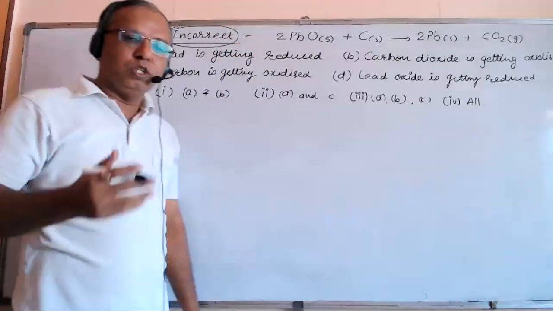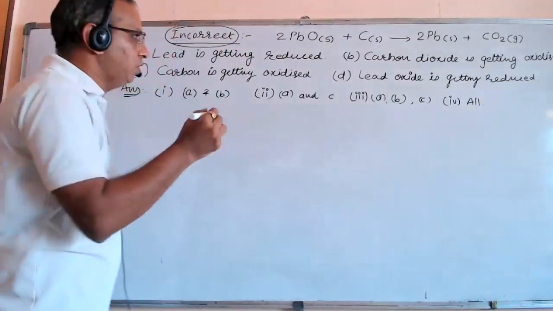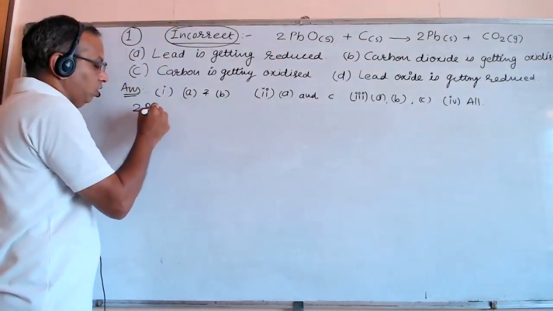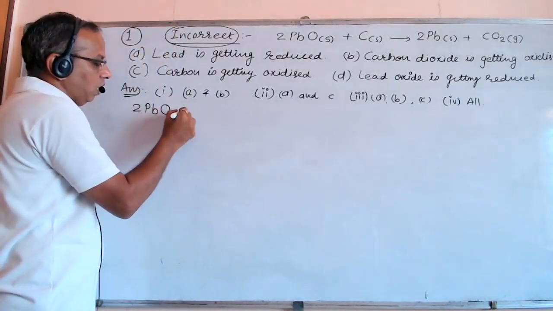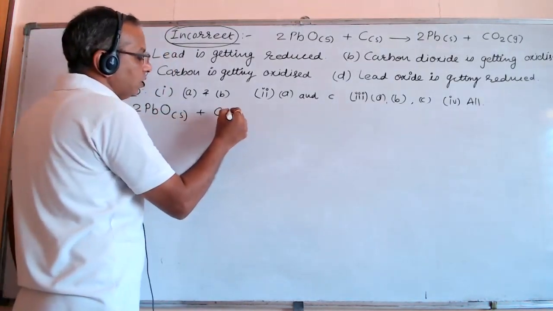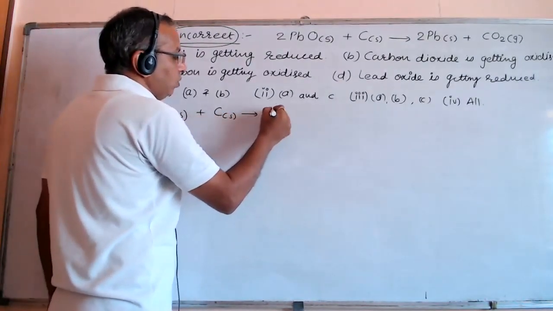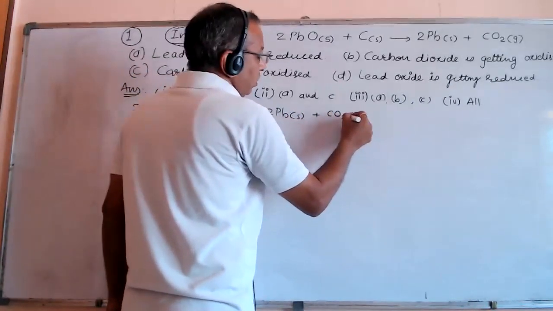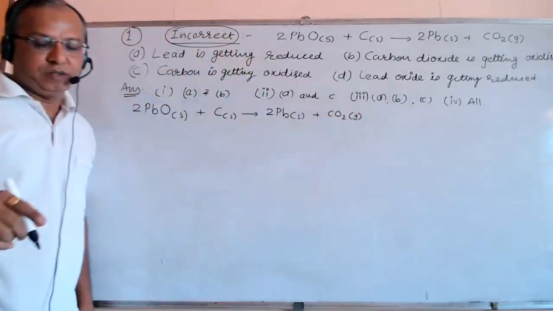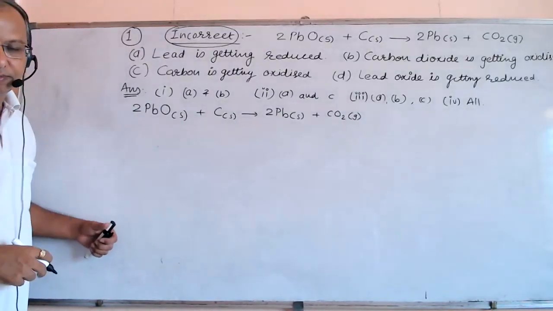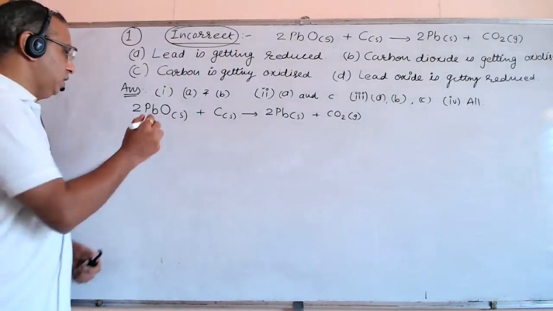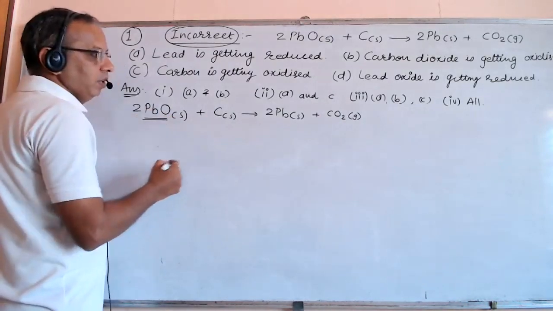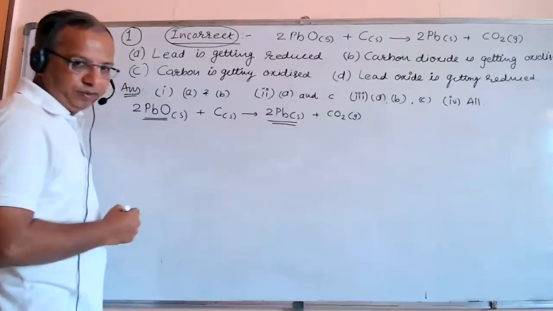So let's try to understand the reaction. Please concentrate, this is very important. This is lead oxide plus carbon gives us lead plus carbon dioxide. Now let's try to understand what is happening here. Lead oxide is converted into lead.